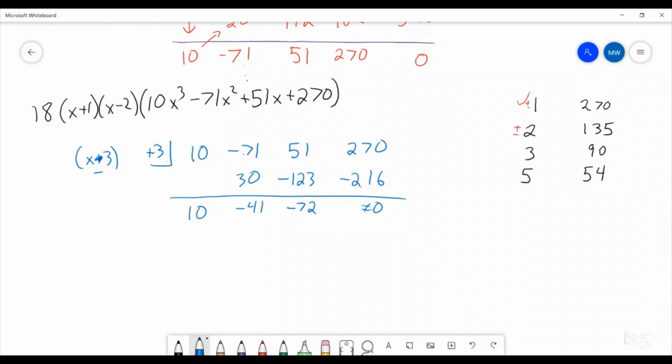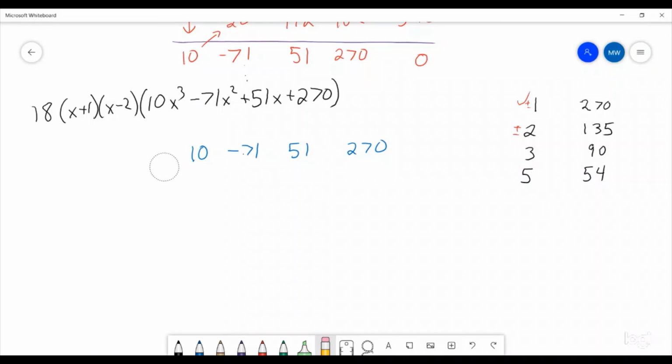Let's try, oh, we already tried negative 3, so let's try the 5s. So let's try x minus 5. So we got x minus 5, so that's a plus 5 right there. So we got 10 times 5, that's 50.